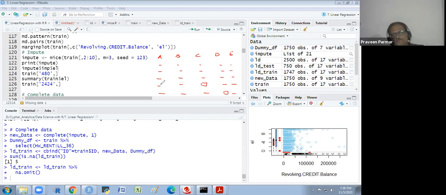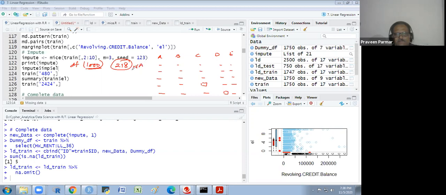What I will do, I will remove all the missing observations from the data. Suppose I have a DF data, and there I have observations. Hypothetically, I am taking 1000 observations, and there are 218 missing values I have.